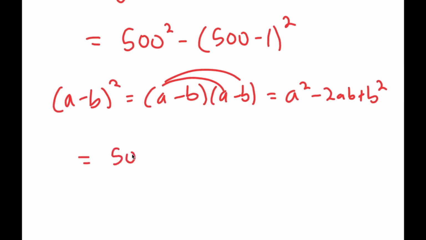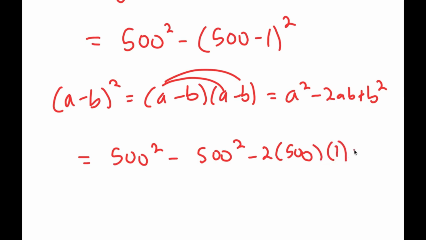So this is going to turn into 500 squared minus 500 squared minus 2 times 500 times 1 plus b squared, which is 1 squared.